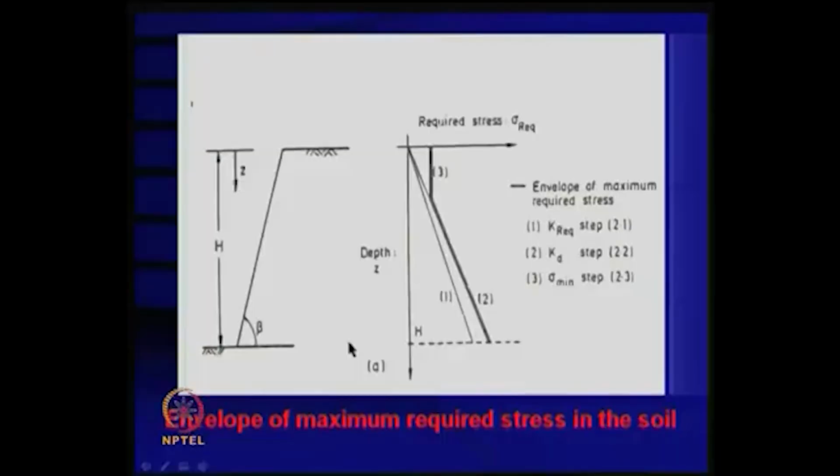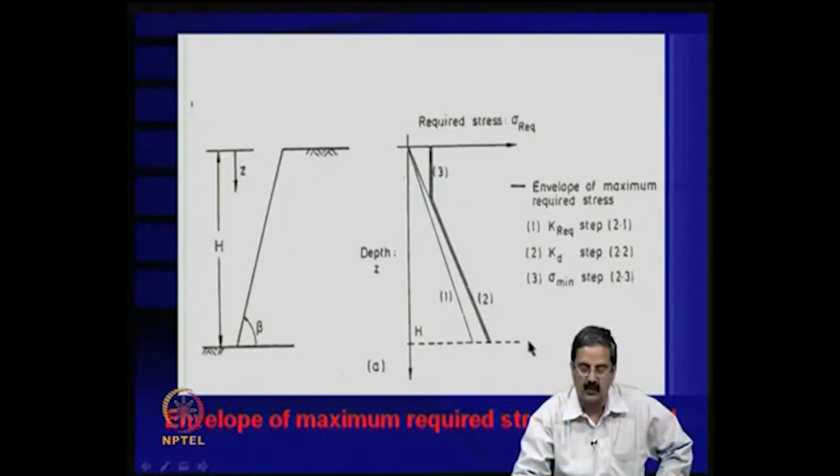Okay. What I want to show you is that this is what I meant. This is the force, this is actually the reinforcement slope at an angle beta, and if I just take it as Ka gamma h, it will be like this, K required.